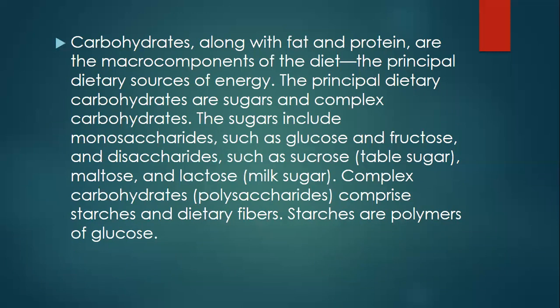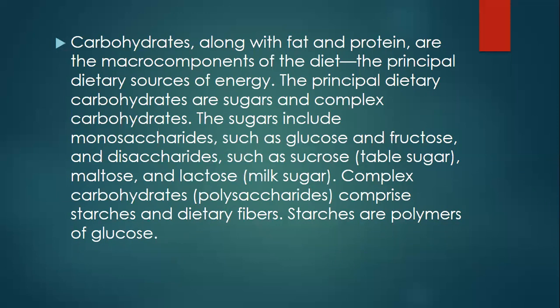The principal dietary carbohydrates are sugars and complex carbohydrates. The sugars include monosaccharides such as glucose and fructose and disaccharides such as sucrose, for example table sugar, maltose, and lactose. Lactose is, for example, milk sugar.